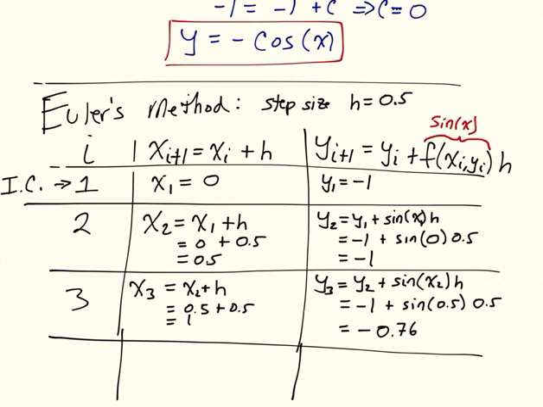So the last line in our table is i equal to 4. We're going to solve for x4, which is equal to x3 plus h, which is equal to 1 plus 0.5, which is just equal to 1.5.